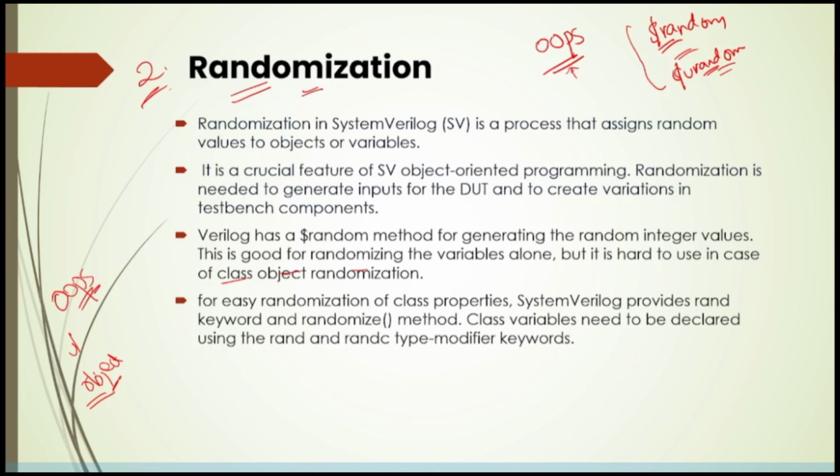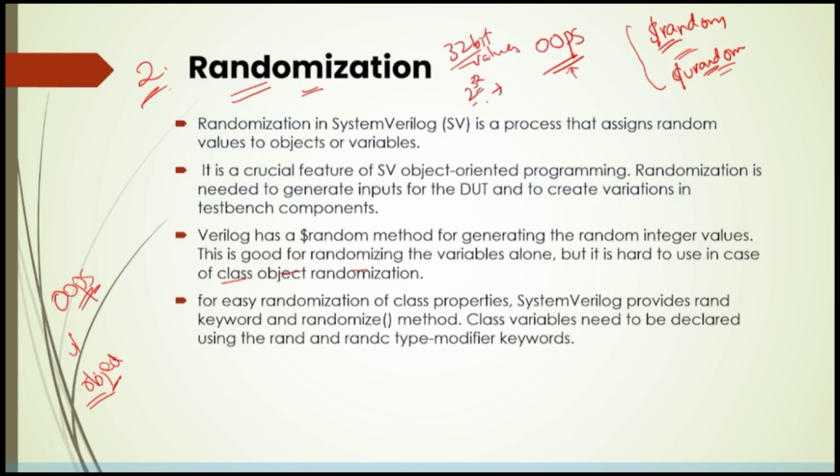So why do we need to produce random values? For example, if you are using a 32-bit variable, you will have 2 power 32 possibilities.